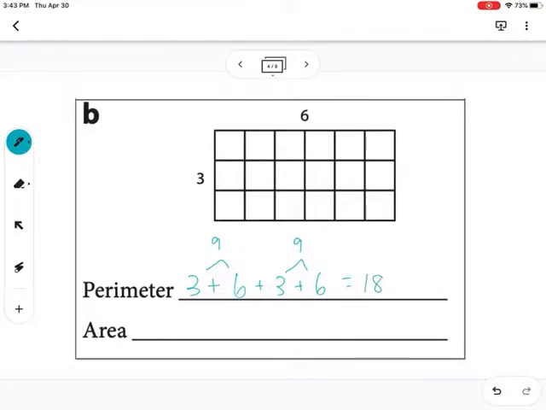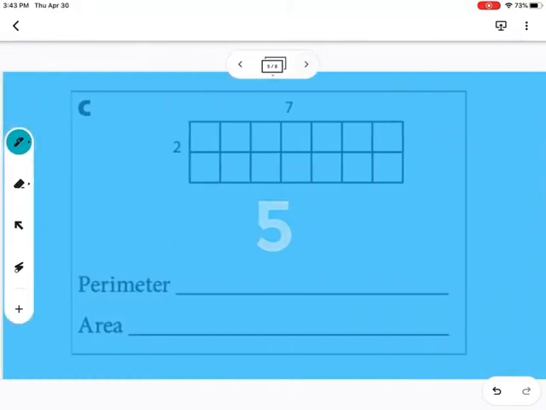All right, to find the area of this shape, we need to multiply the height by the width. 3 rows of 6. Let's see, 2 rows of 6, right? Double 6 is 12, plus another row of 6. 12 plus 6 is 18 square units.